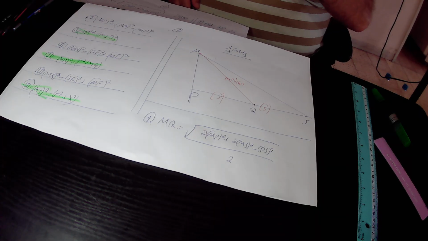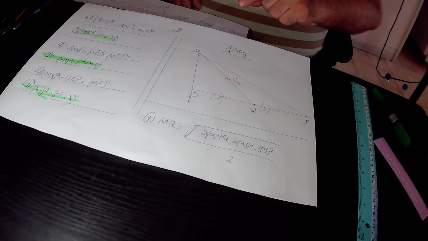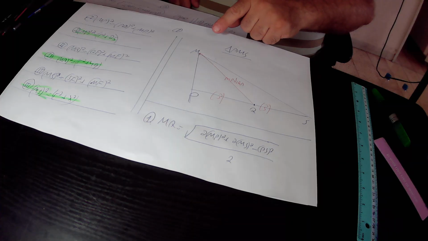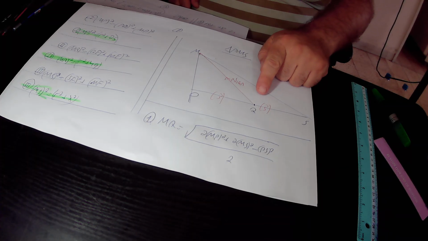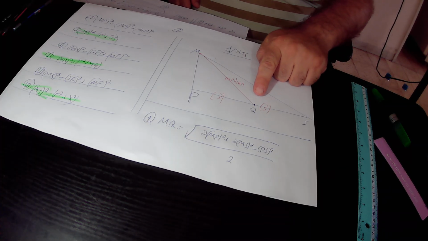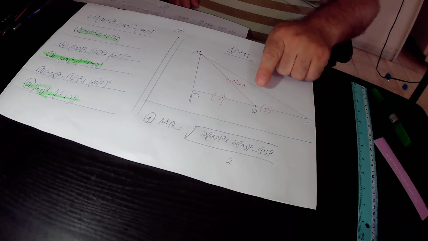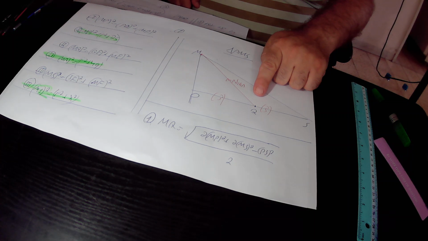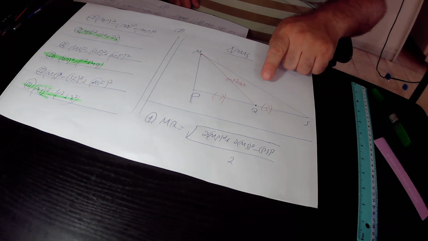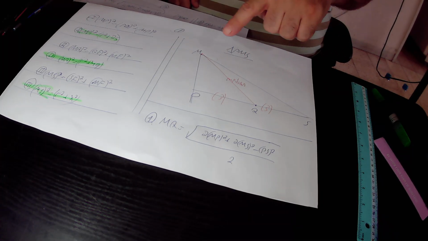The median of a triangle is a line segment that starts from the vertex and ends at the midpoint of the opposite side of the vertex. In this case, the vertex is M and the opposite side of the vertex M is PS. So point Q is located at the midpoint of PS. That is to say, the median MQ bisects the opposite side PS. That is to say, it divides side PS into two halves.